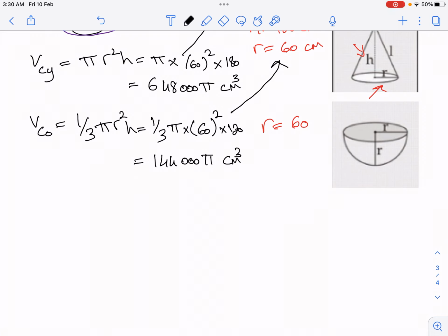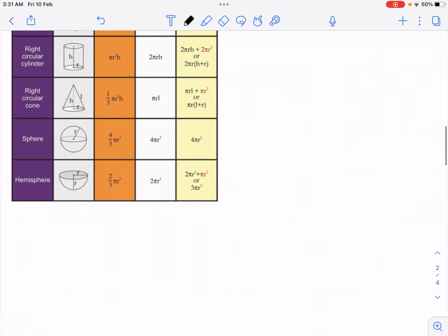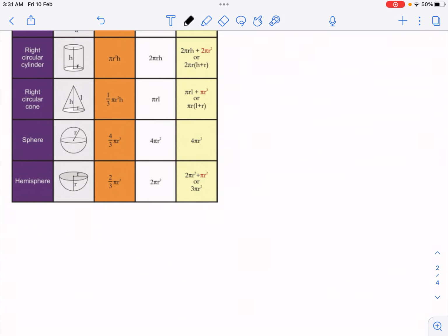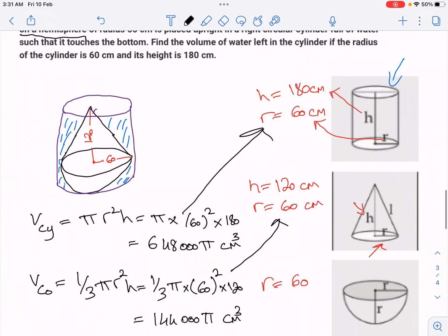Then the last thing, we are going to find the volume of the hemisphere. Again, we go to our table. The volume of the hemisphere is 2 by 3 pi r cube.